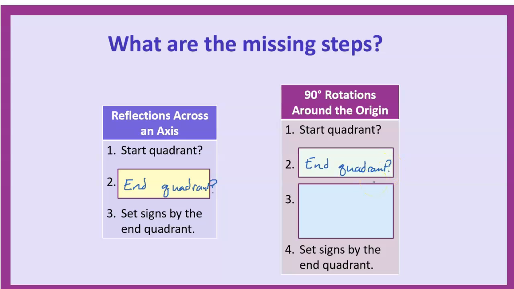We figure out how many rotations to get there. And then we had one special step for 90-degree rotations that we didn't do in reflections. Do you remember the special step? It kind of involved rotating that entire quadrant, something about the x's and the y's. We needed to swap the x and the y values for each 90-degree rotation.